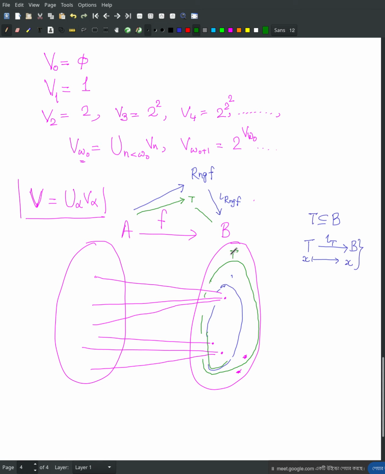Once I take this bigger thing, I have all the information in this factorization left over. So this is another factorization. There can be several others. But you see, this is the smallest. For any other factorization, you will have a unique map over here. And what is that map?